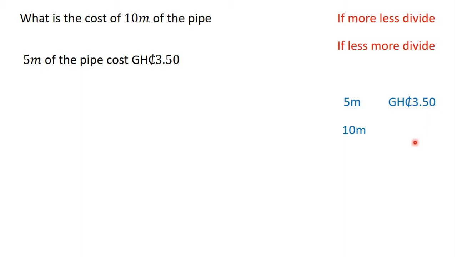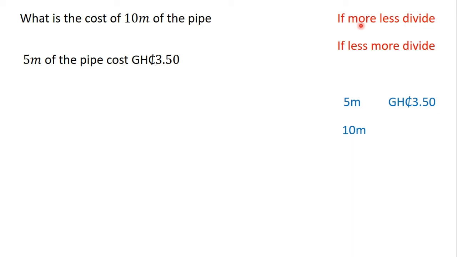So you think about that. 5 meters cost 3 Ghana cedis 50 pesos. 10 meters, will it cost more or less? You can clearly see that 10 meters will cost more than 3 Ghana cedis 50 pesos. It means that we are going to use the first principle.